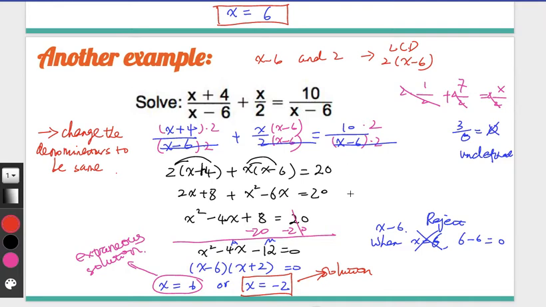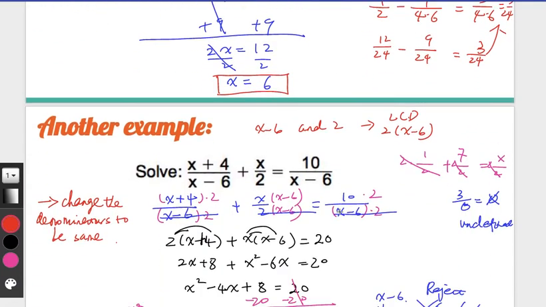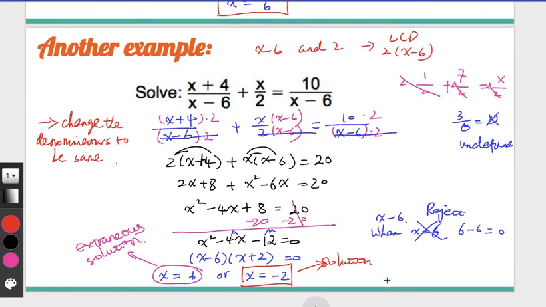Okay, this is how we solve this one. As you can see, sometimes we don't have an extraneous solution, sometimes we do. In that case, we have to go back and check: can my solution make the denominator 0? If yes, it happens, you have to reject this solution. If not, then it is our solution.